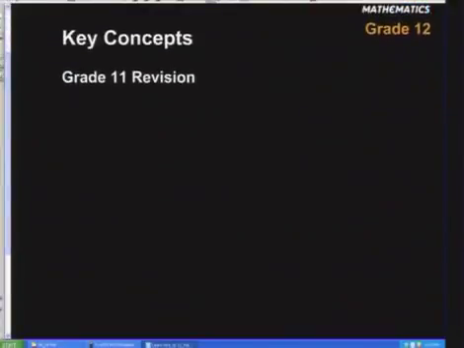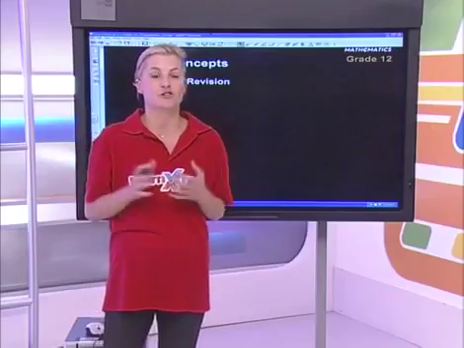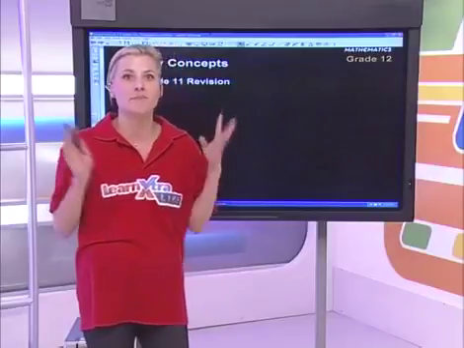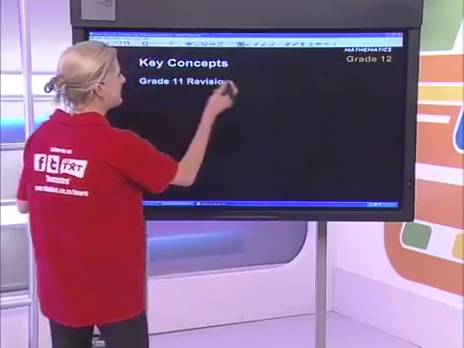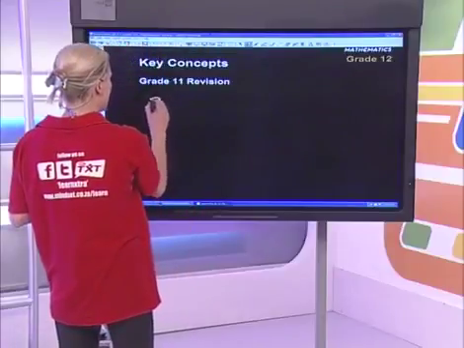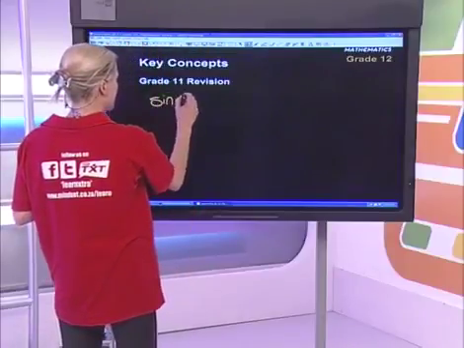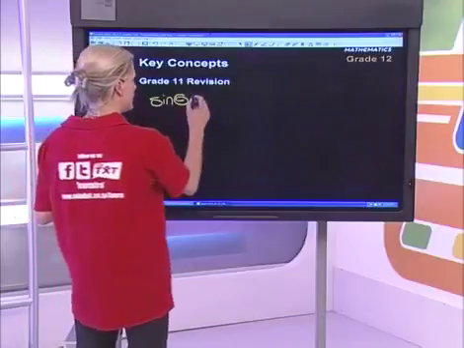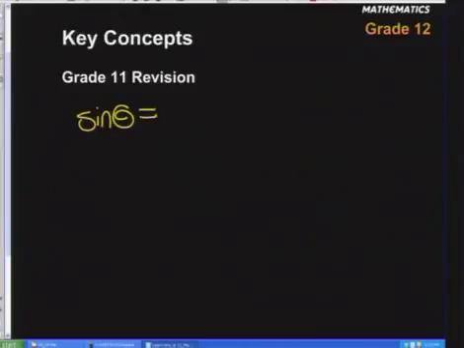Now, what I'm going to do is write down some of the basic things that you should know, even if I wake you up in the middle of the night. So let's have a look at our trig ratios. Firstly, sine of theta. We should know, because you've been doing this since grade 11, that sine is opposite over hypotenuse.